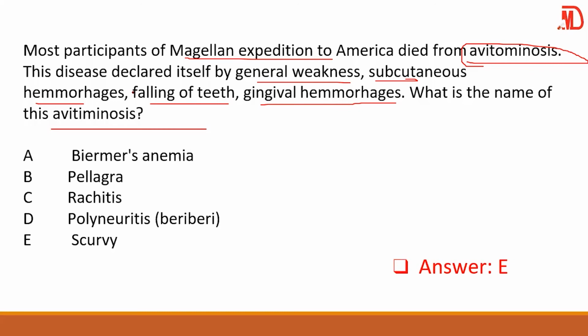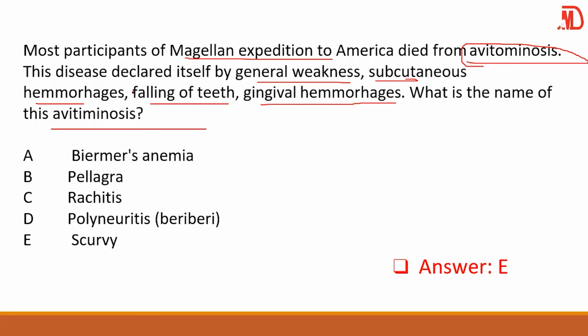If you watch the videos on pharmacology and physiology, we've talked about scurvy, vitamin C, ascorbic acid, and hydroxylation involved in collagen synthesis. When people are finding it difficult to heal, we give them vitamin C because it helps in healing.